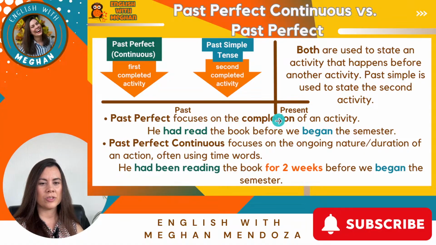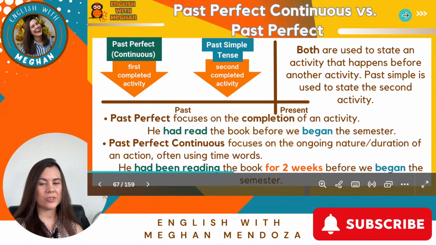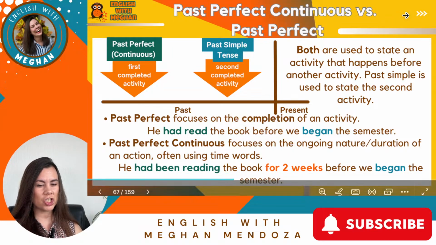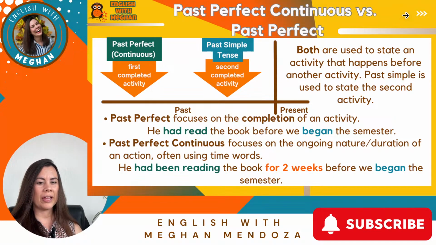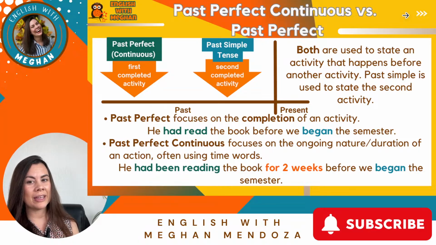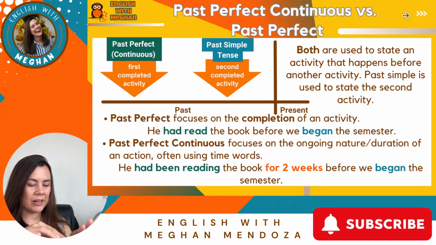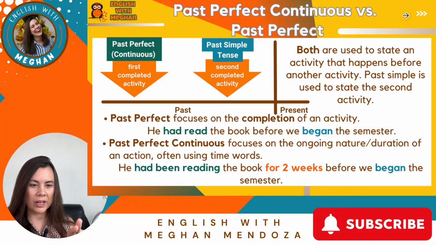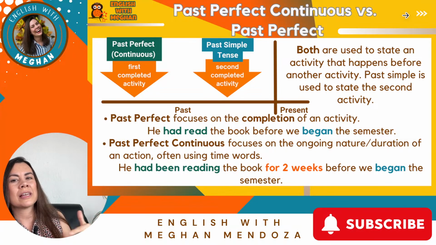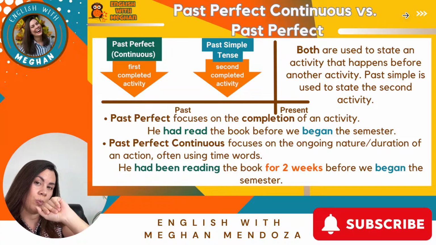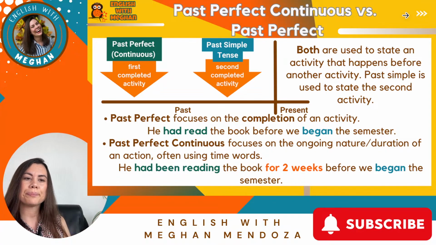So we have for 2 weeks. This is not saying that he finished the book, right? He's still reading it, right? So it's like he's still reading the book, although he started reading it 2 weeks ago before the semester.